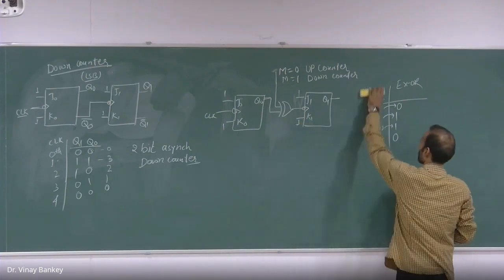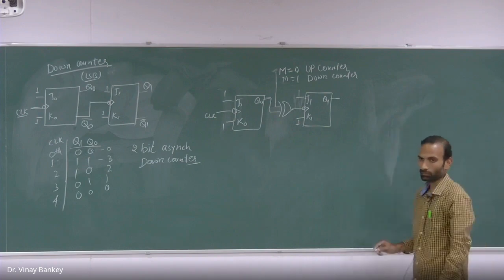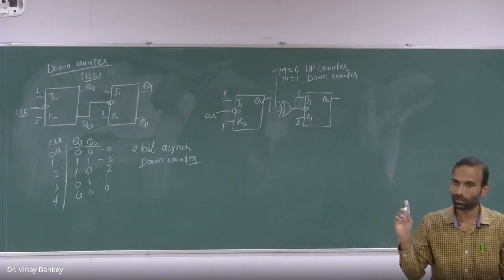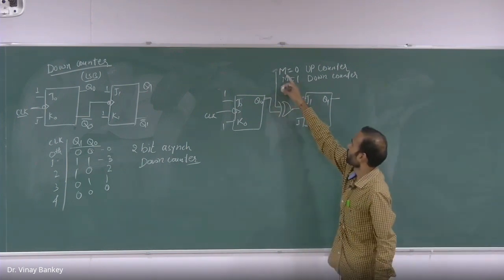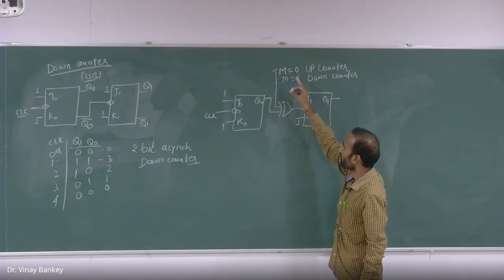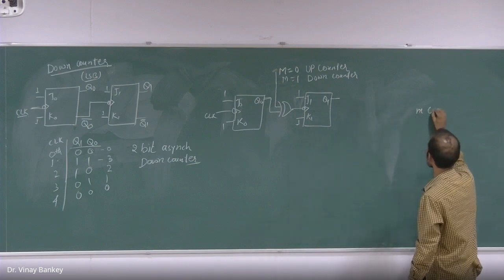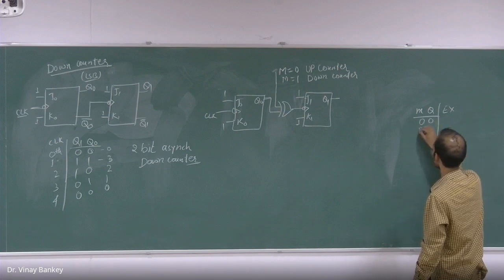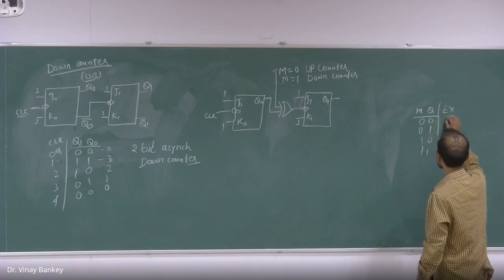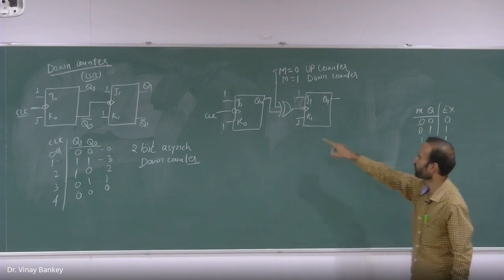So see the operation of this. Analyze this circuit. When I say M is equal to 0, the output of this will be what?